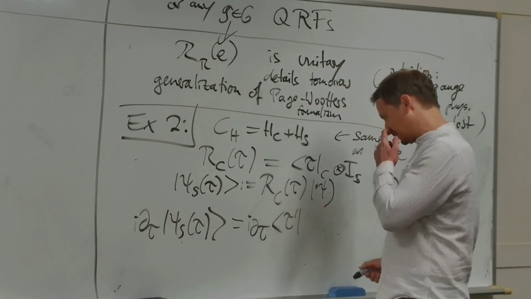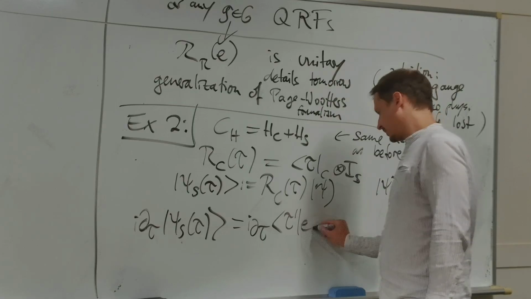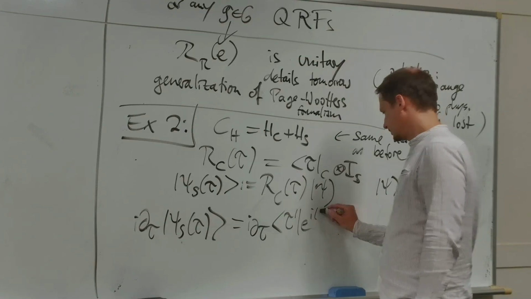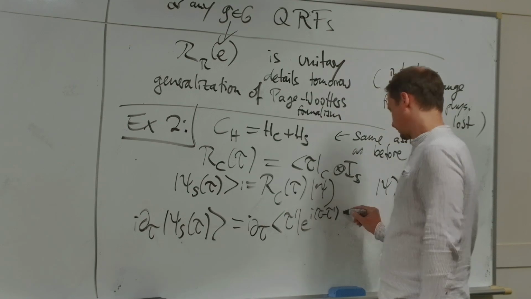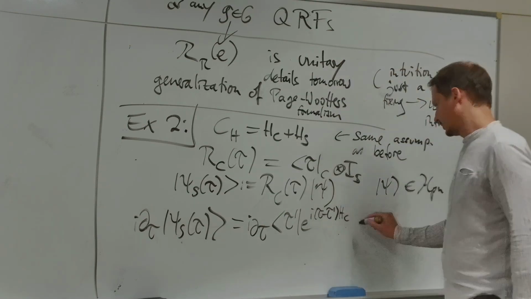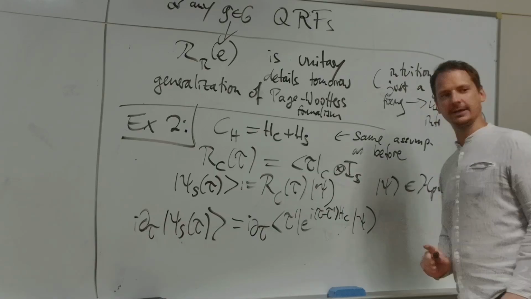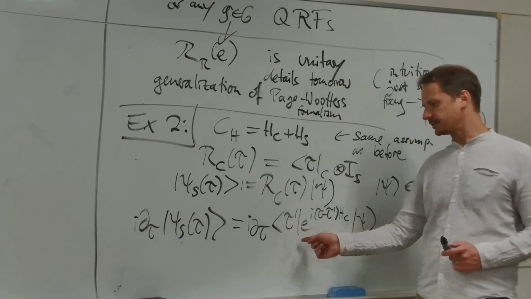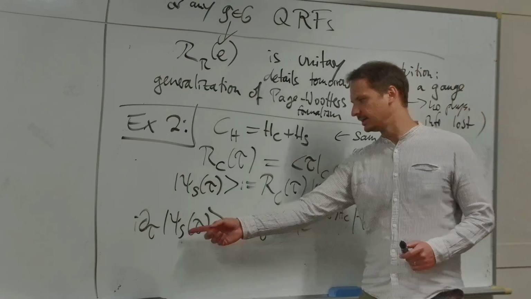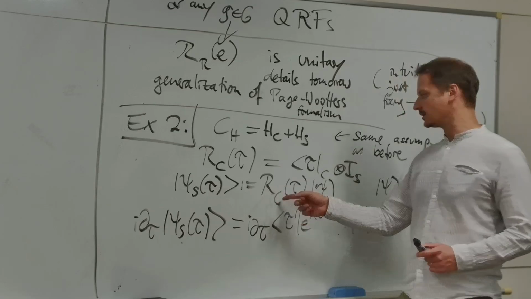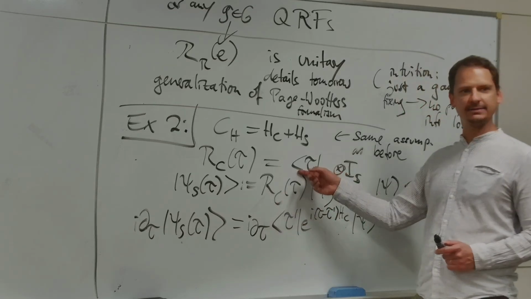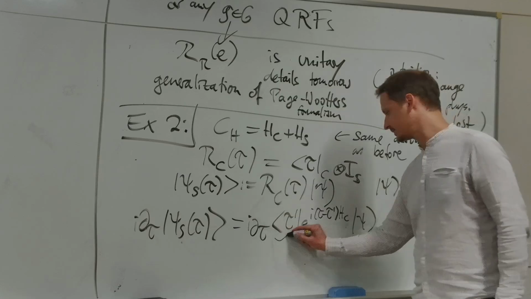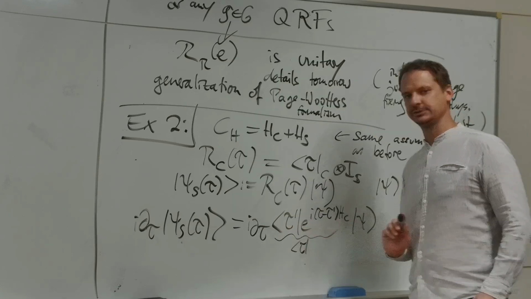So I'm now making use of the covariance of the clock state, e to the minus i (tau minus tau prime) H_C, and then I have some round brackets. Is that clear? So here I'm just using the covariance of the clock state. In this state, I have R_C of tau, so I have this inside, and I'm just rewriting tau as tau prime times this here.